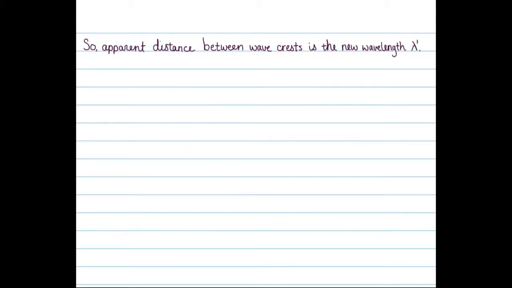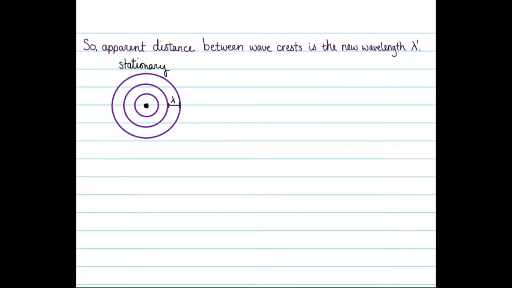So the new distance between the wave crests would be the new wavelength. Alright, so if we had a stationary source, the distance between the wave crests would just be lambda, and they would just be evenly spread out like that. But now when the source is moving, so the source is the black dot, it moves a distance ut and emits a new wave.